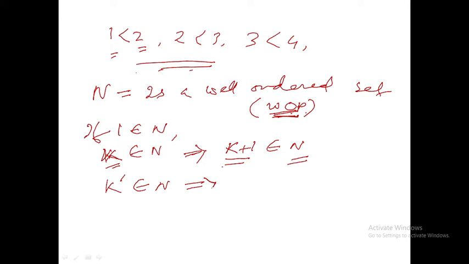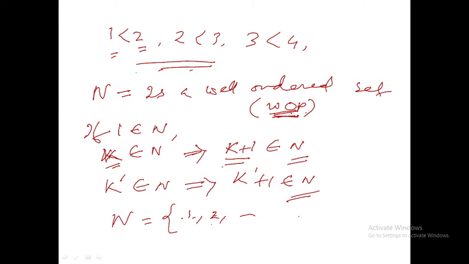I can find k dash plus 1. This also will belong to natural numbers. This way, we can find the whole set of natural numbers.